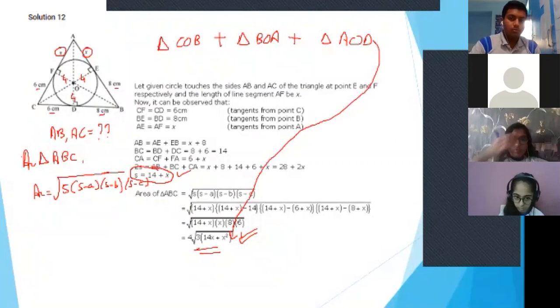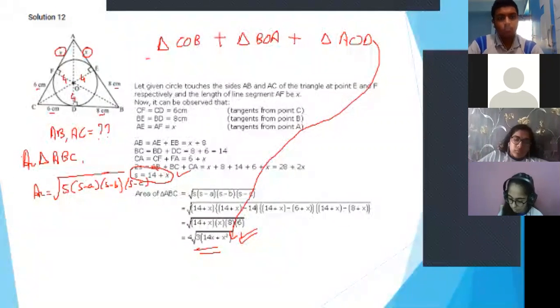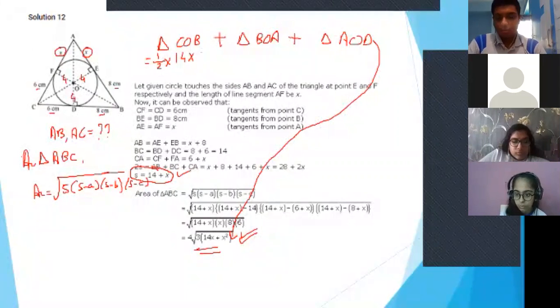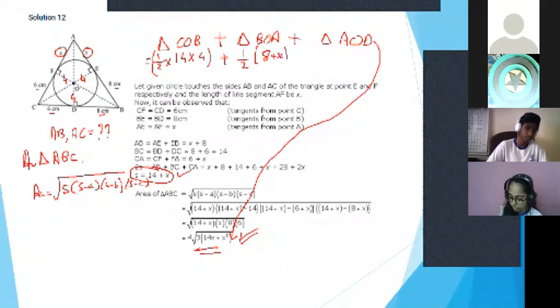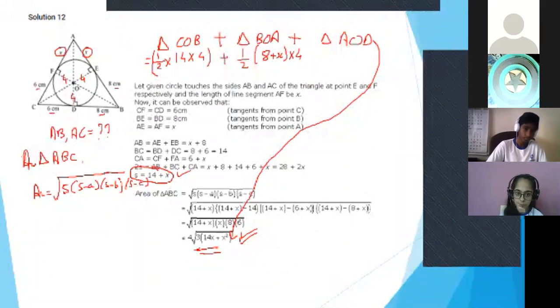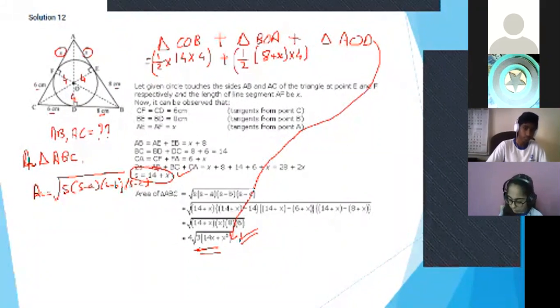Now what is the area of triangle COB? It is half of base into height. So for COB, we have half into what is the base? 8 plus 6, 14. And what is the height? 4. The radius is perpendicular to the tangents. Plus, BOA means again half of 8 plus x into 4, because 4 is the height.